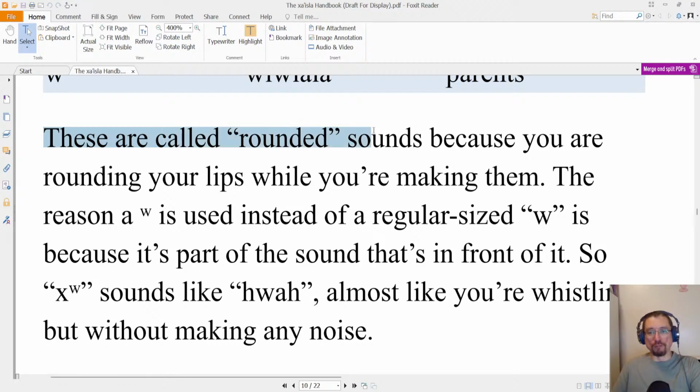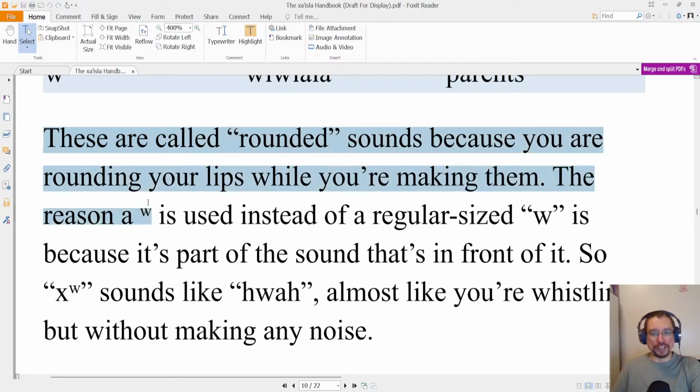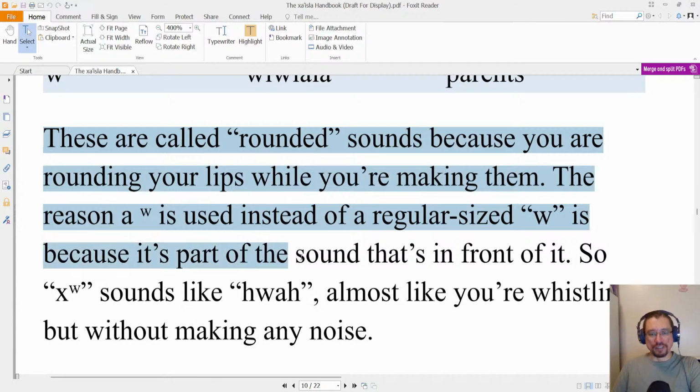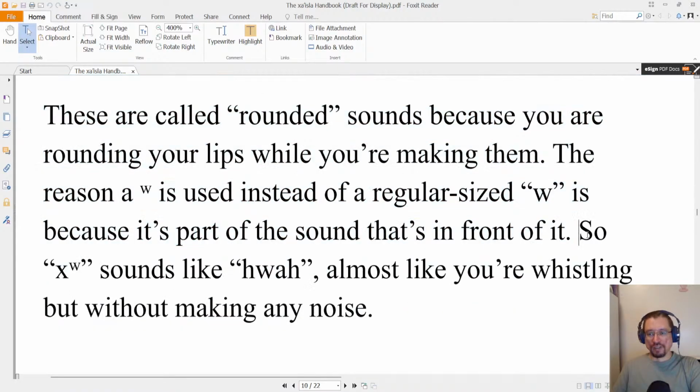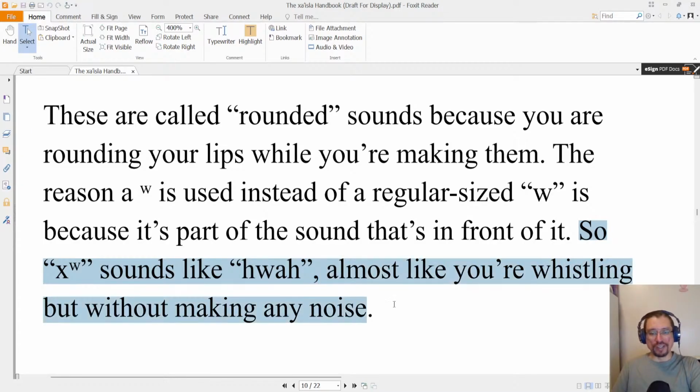These are called rounded sounds because you are rounding your lips while you are making them. So the reason a small raised W is used instead of a regular sized W is because it's part of the sound that's in front of it. So for the rounded X, it sounds like hua, hua, because it's almost like you're whistling, but you're not making any noise.